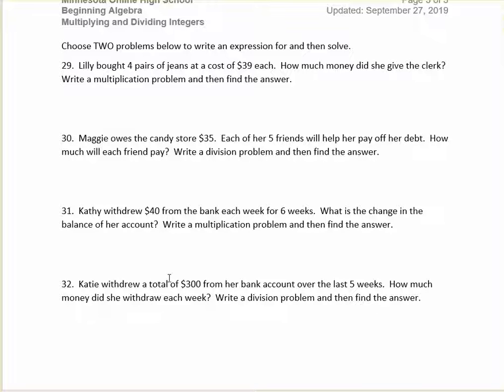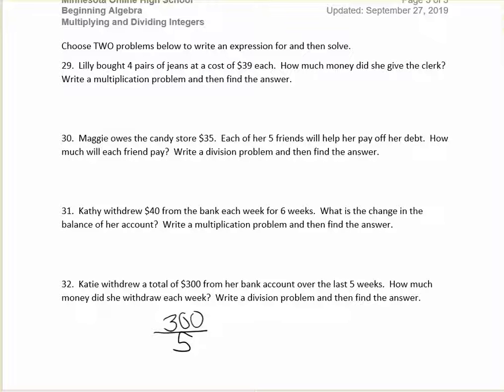So the 300 was all together if she added them all up. But an easier way than adding 5 times would be to multiply 5 times. But this is going to be a division problem to find the answer. So 300 is the total amount that she took out of her bank account over the last 5 weeks.